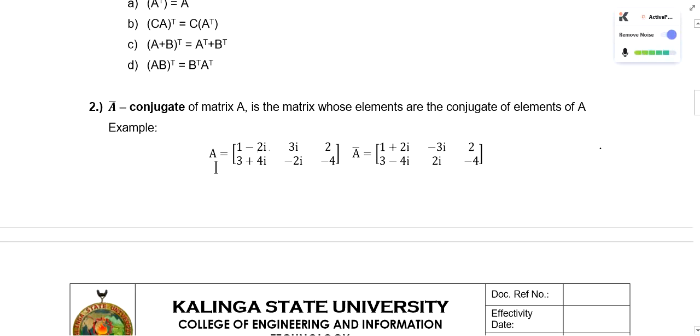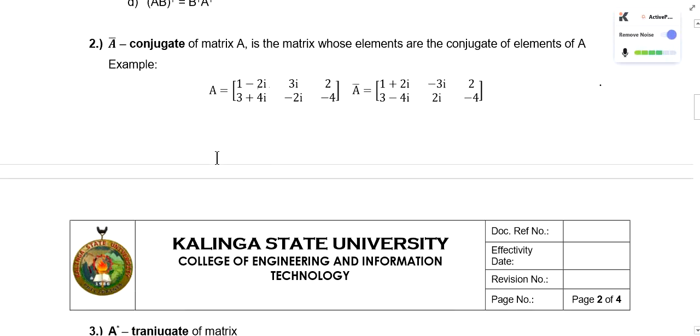Meron din tayo pangalawang kinds of special matrices natin, yung tinatawag natin conjugate. So this is represented by the symbol A bar. Sinabi natin conjugate, symbol natin dyan bar. So conjugate of a matrix is a matrix whose elements are the conjugate elements of A. So actually, conjugate is true sa ating complex numbers.